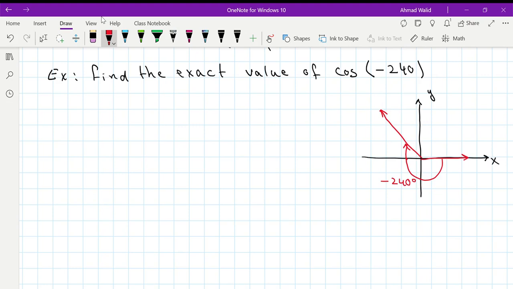Correct? What is the reference angle? This one, the positive one. Reference angle is always positive. X-axis, terminal side, this is your theta prime. We will see how to find it.